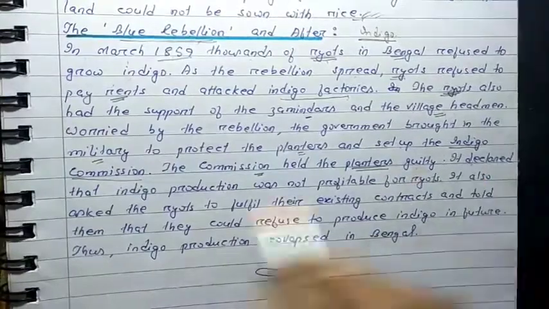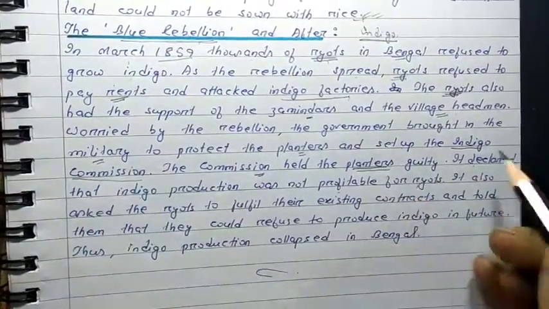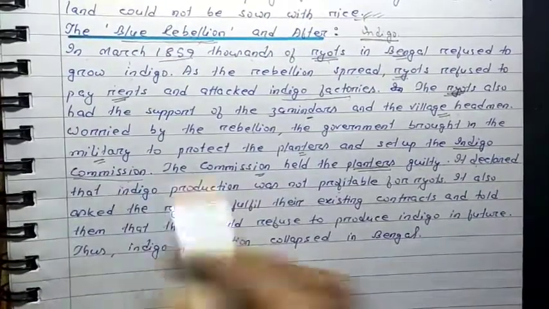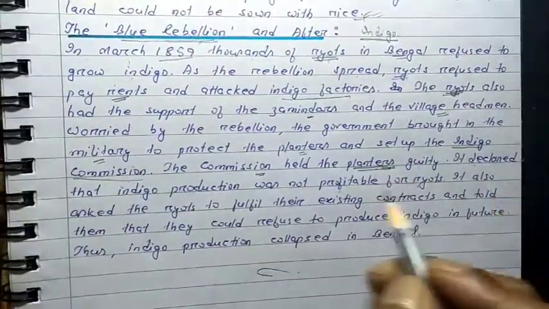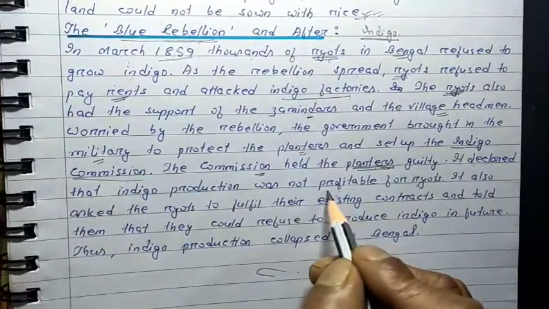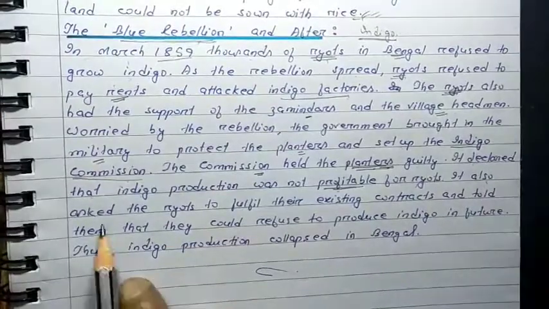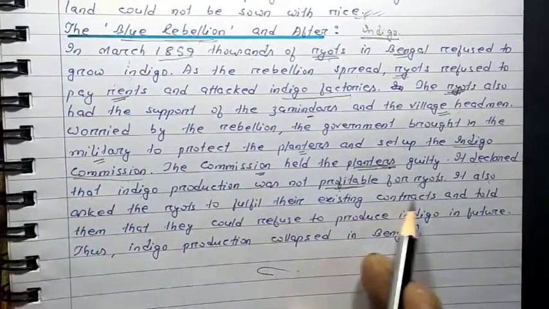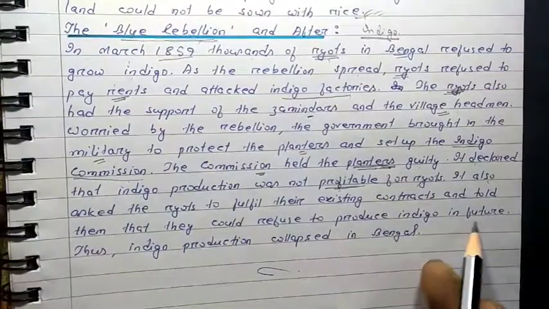It also declared that indigo production was not profitable for ryots. The Indigo Commission told that the guilt was with the planters, and also declared that indigo cultivation was not profitable for the ryots. It also asked the ryots to fulfill their existing contracts and told them that they could refuse to produce indigo in future.